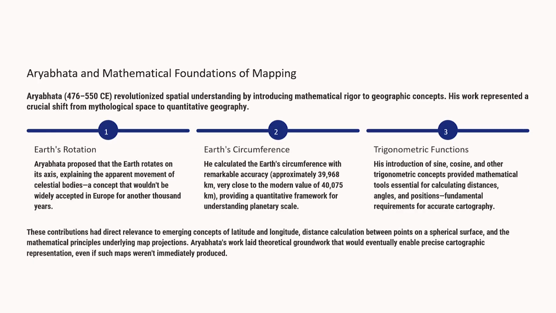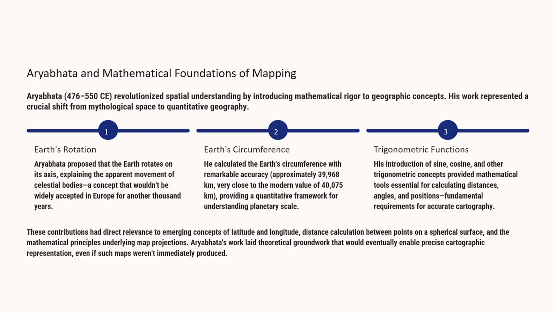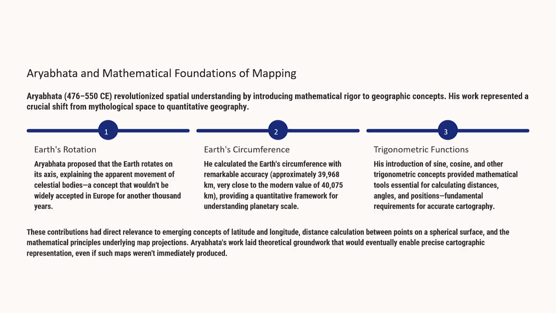We have knowledge: the great Aryabhatta was born in India. Aryabhatta was able to understand the rotation of the earth, the shape of the earth, the size of the earth, and also the inclination of the earth. All those things are most important in geodetic surveys, which is the basic principle in cartography.